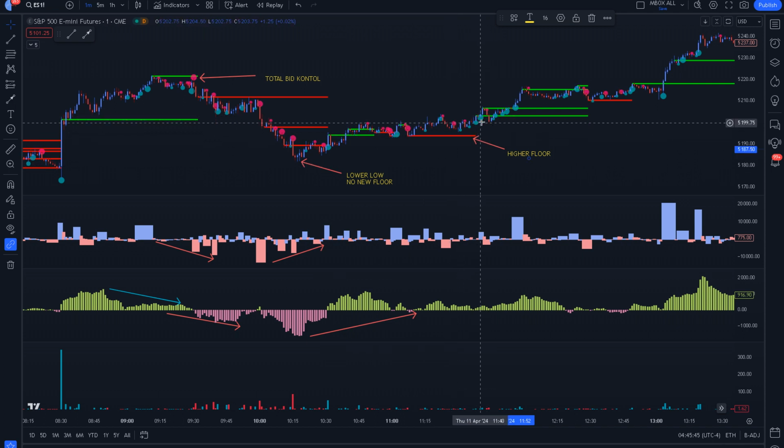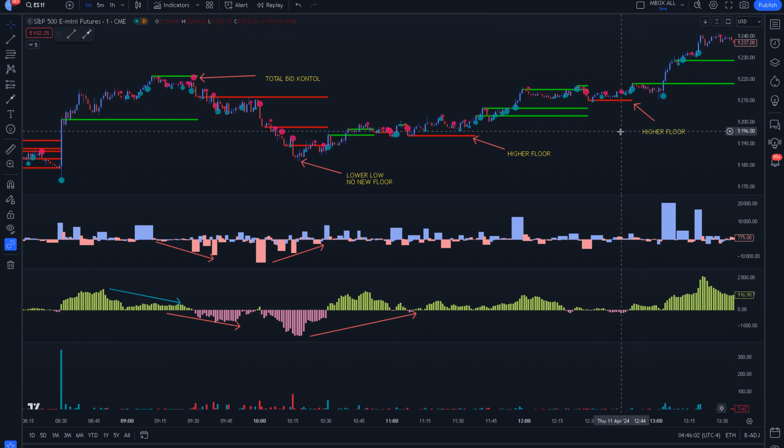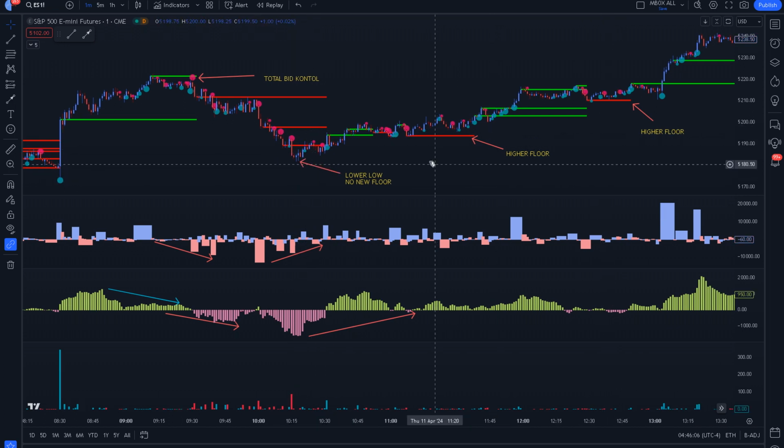And then we're getting total offer control dots here, and price begins to edge up. We're getting another higher floor here. And as you can see, the MAutoFloorCeiling has defined the trend here and where the reversal point was.